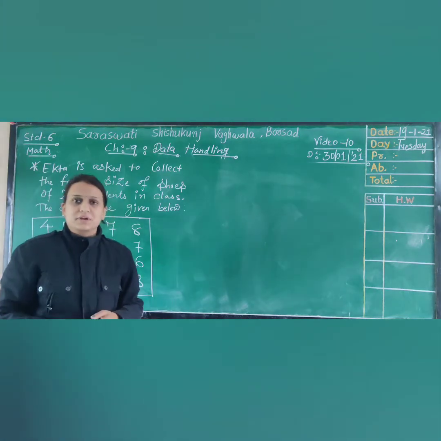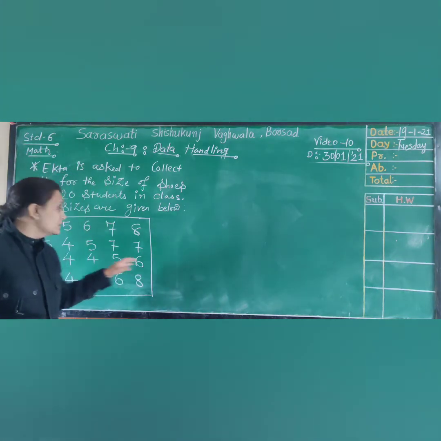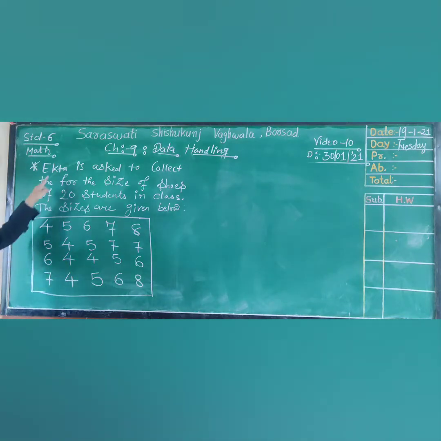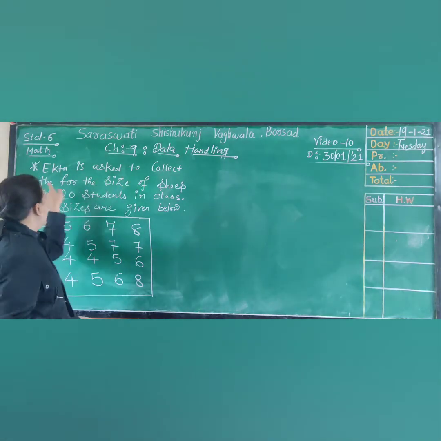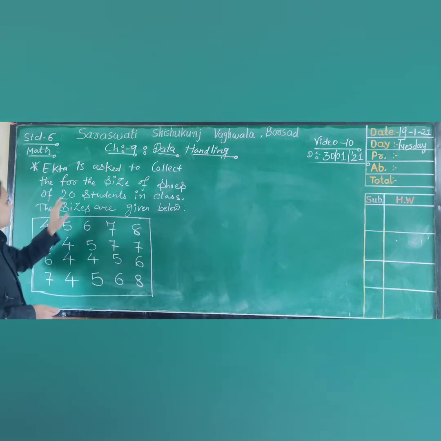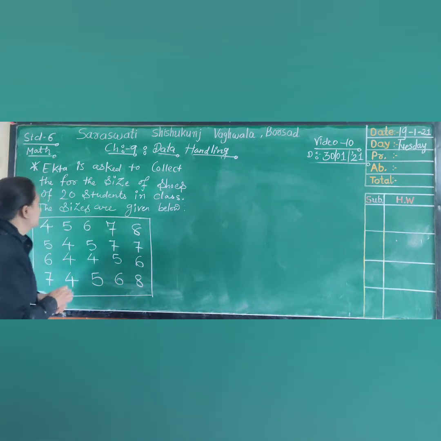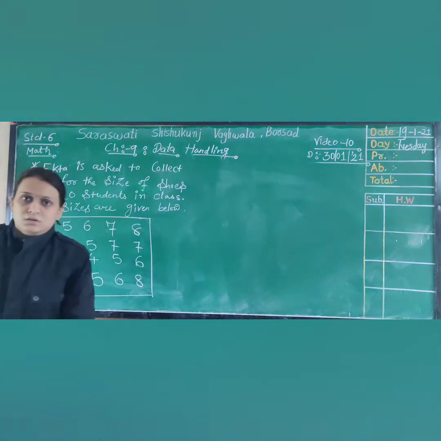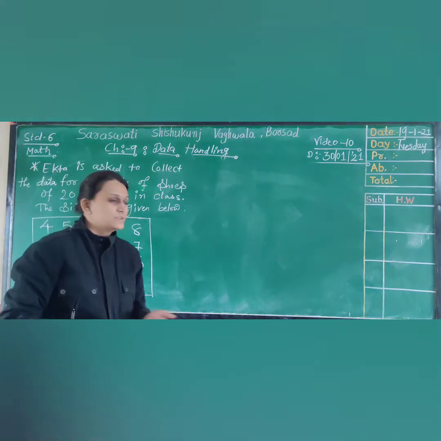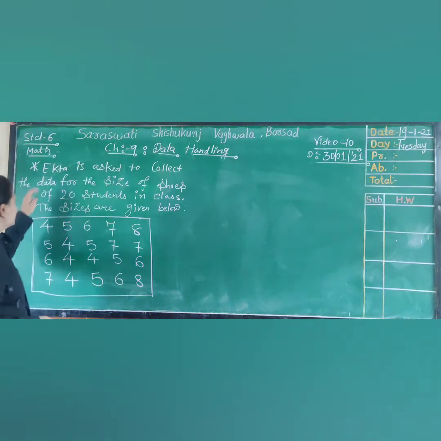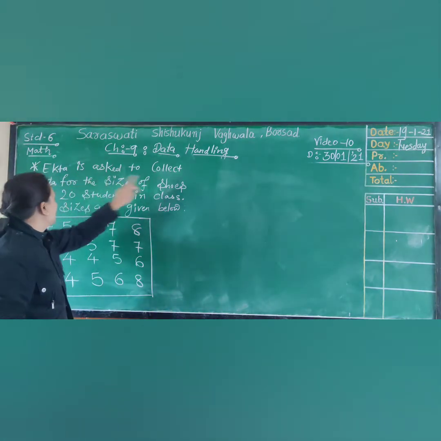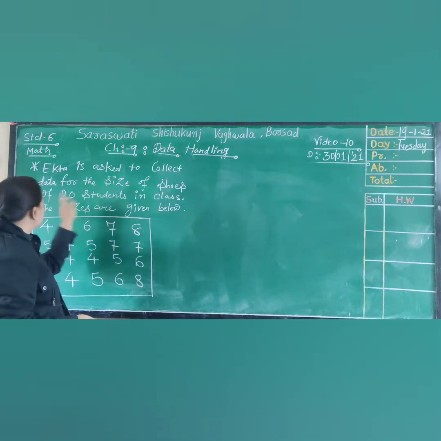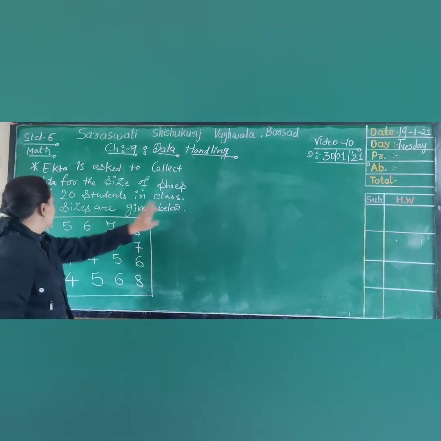Let us understand the frequency distribution table with an example. One girl, Ekta, is asked to collect the data for the size of shoes of 20 students in the class.